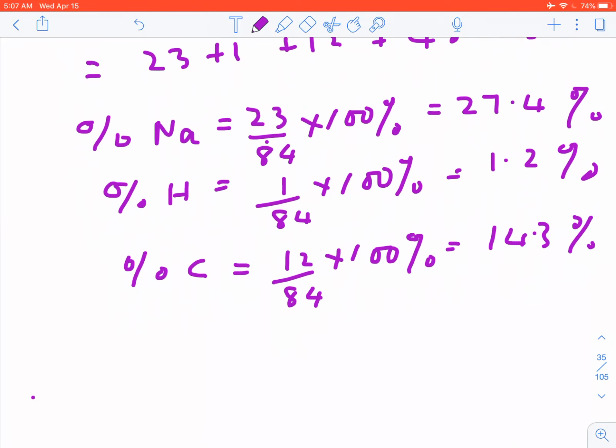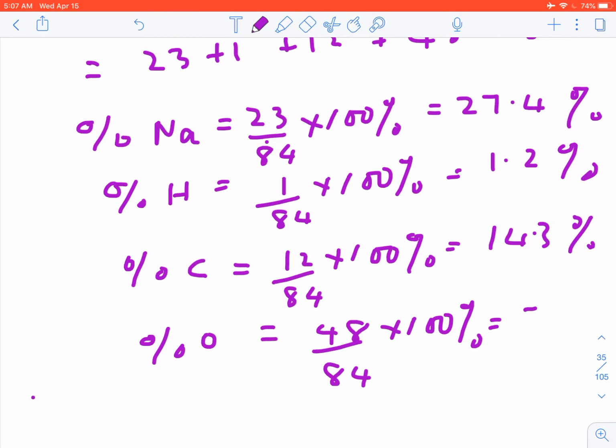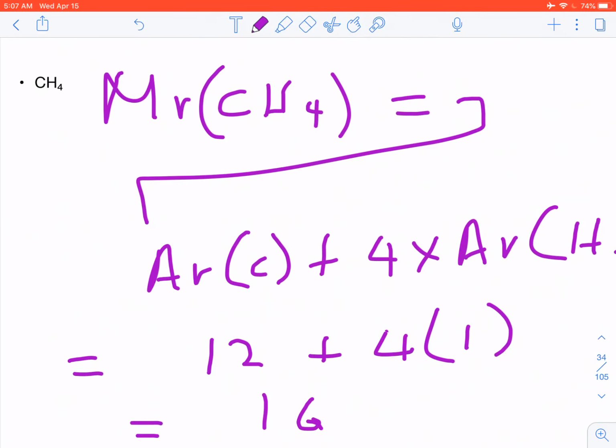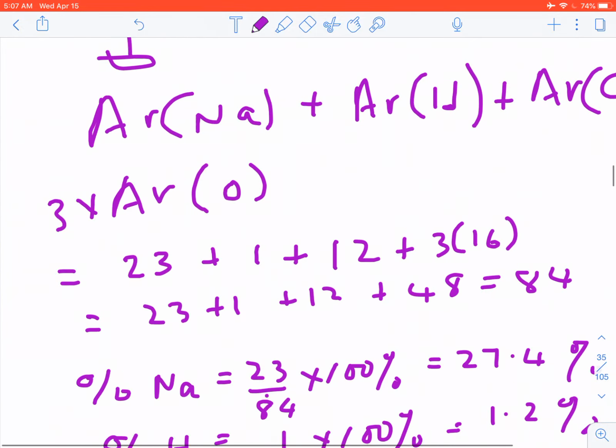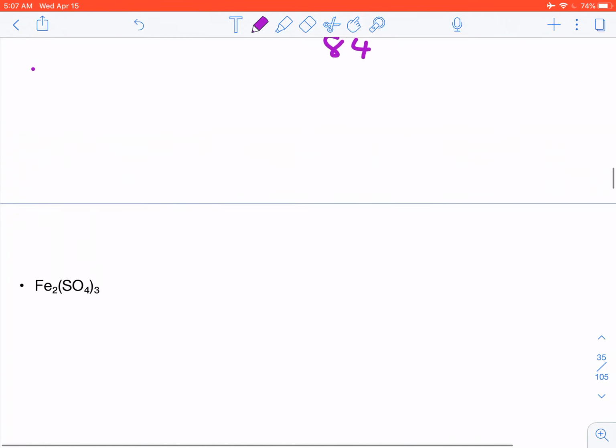And then percentage of oxygen is equal to 48 upon 84 times 100%, which gives us 57.1%.